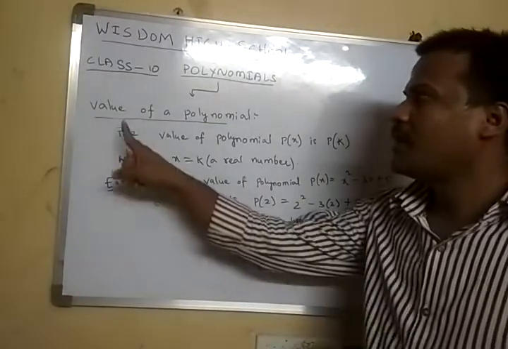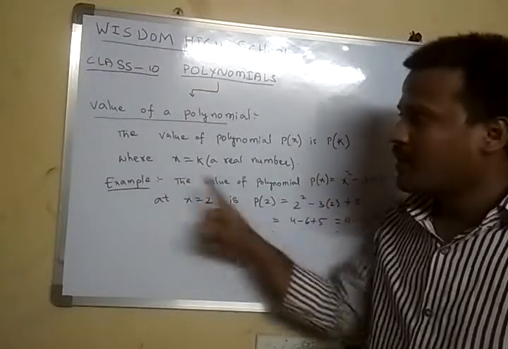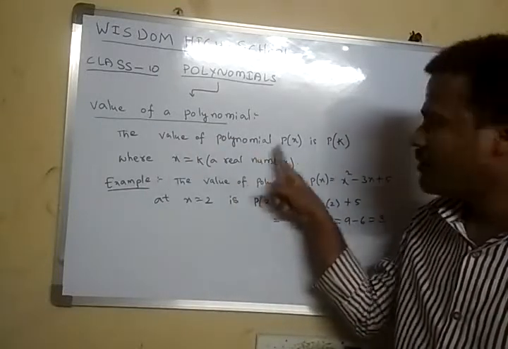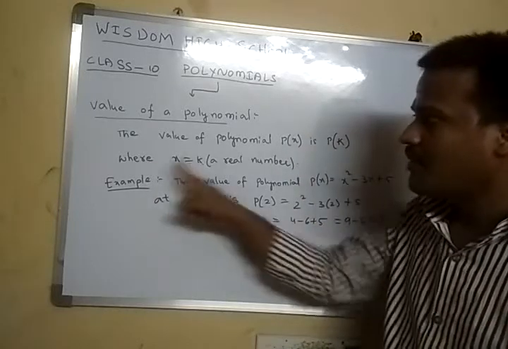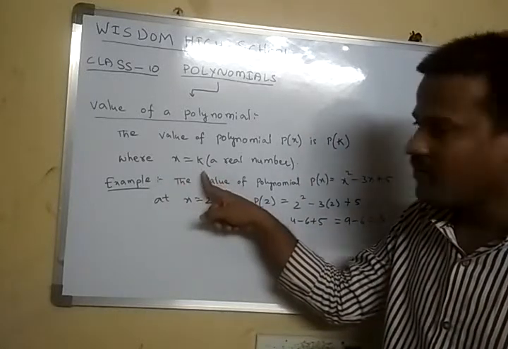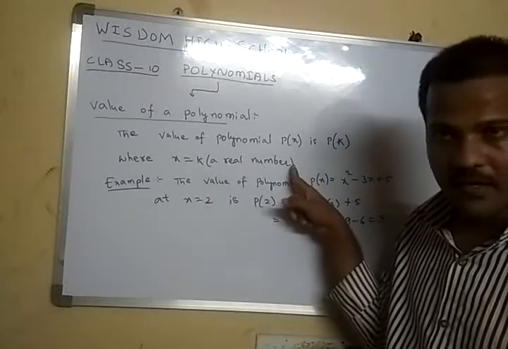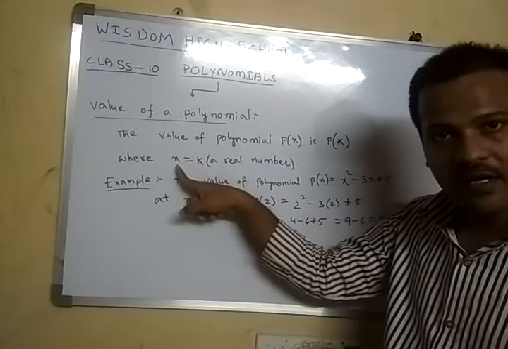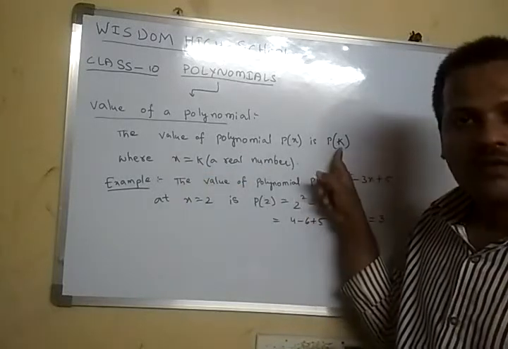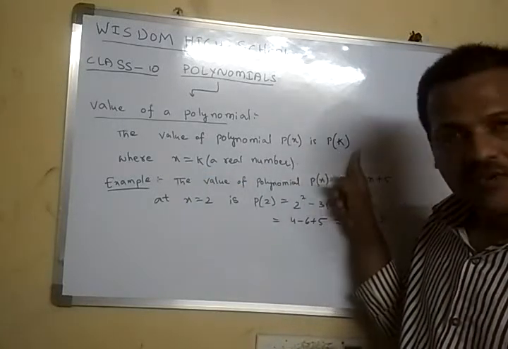Now the value of a polynomial. The value of a polynomial p of x at x equal to k is p of k, where k is a real number. That means when we substitute any real number in place of x, we get the value of the polynomial p of k.